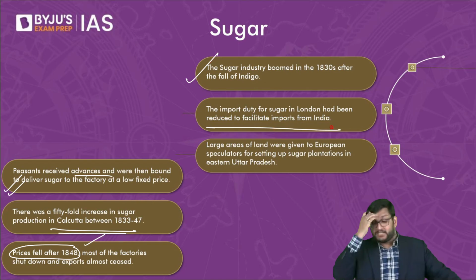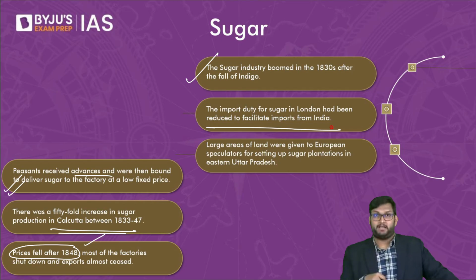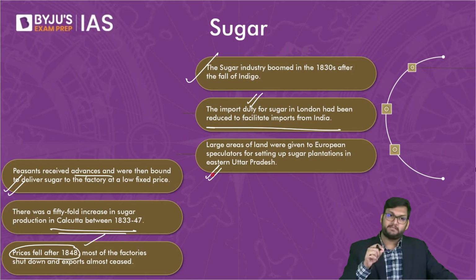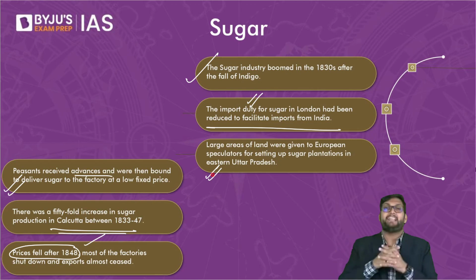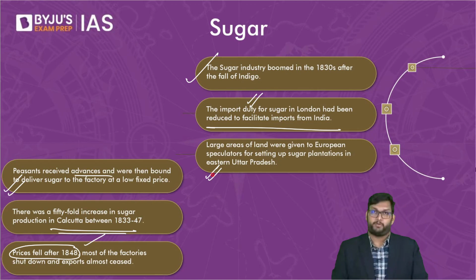Simply, the British were so bad to us that there was import duty on sugar in London, which was coming from India. So large areas were given to the Europeans to produce sugar in eastern Uttar Pradesh. What they actually did was, if an Indian sells sugar to the British, they put import duty on it.